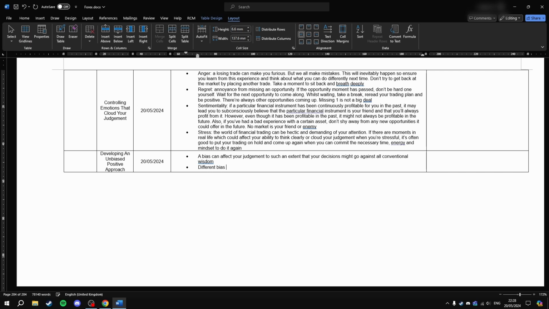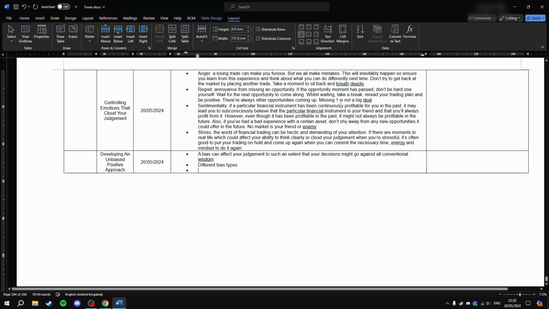Different bias types. So, representative bias.